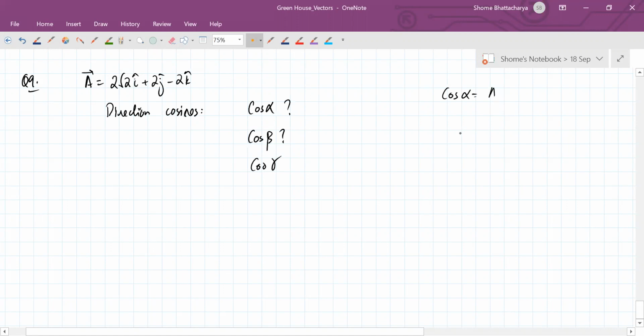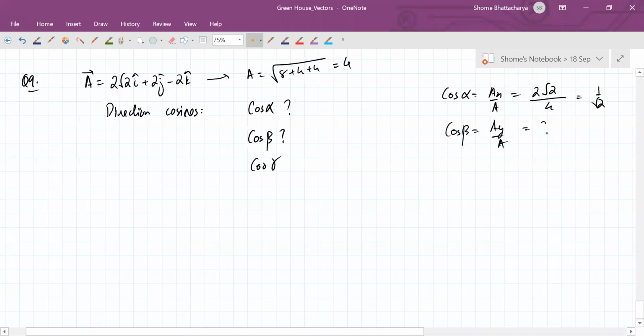Cos alpha is this. So in this case it is 2 root 2 upon, now from this you can see magnitude of A is root of 8 plus 4 plus 4. So that is 4. Okay. That is 1 by root 2. Cos beta is Ay by A and cos gamma is Az by A. So that's it.